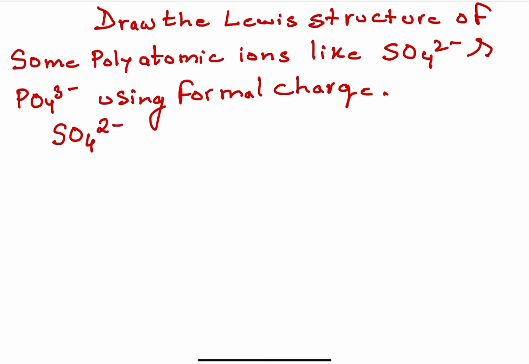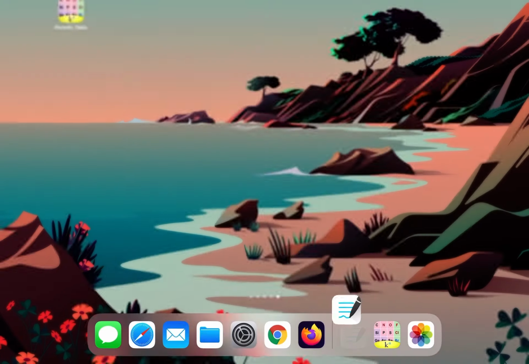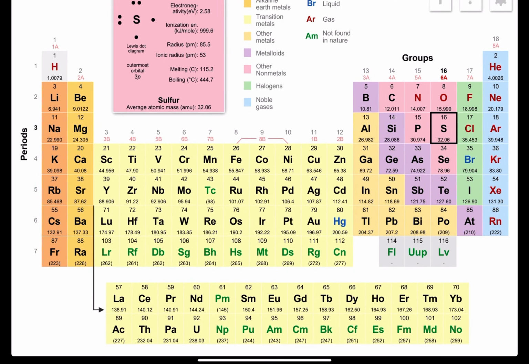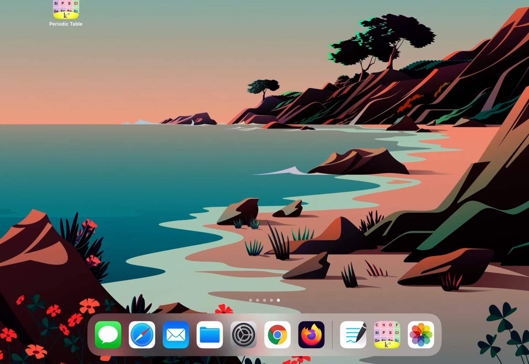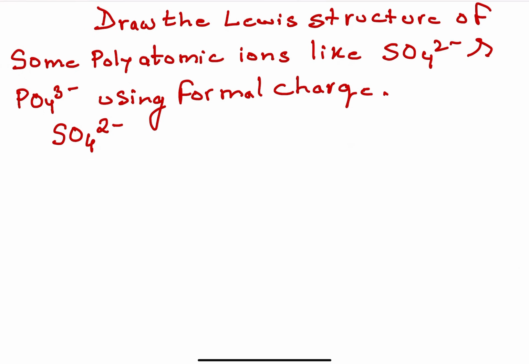Now if we look at the periodic table, we'll see sulfur and oxygen belong to group 16A. Sulfur has an atomic number of 16.